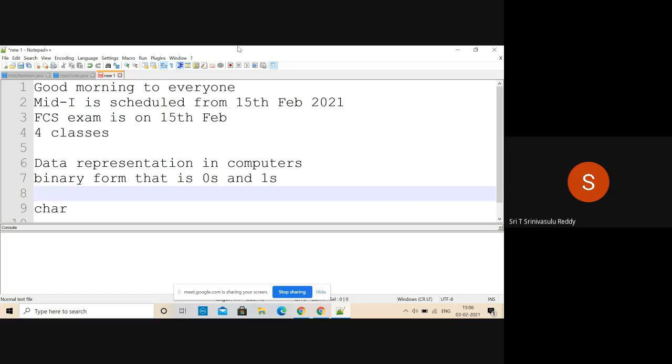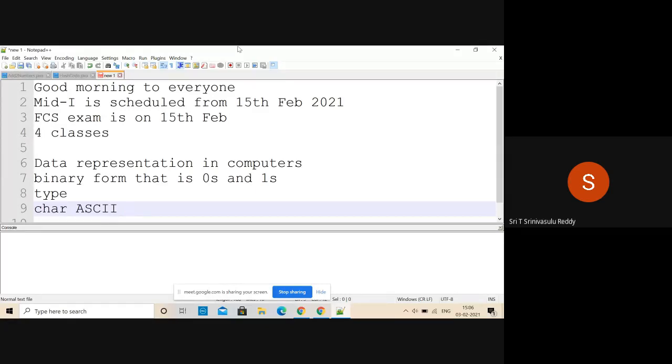Different data types have different standards. Characters are normally stored in a popular standard called the ASCII standard.